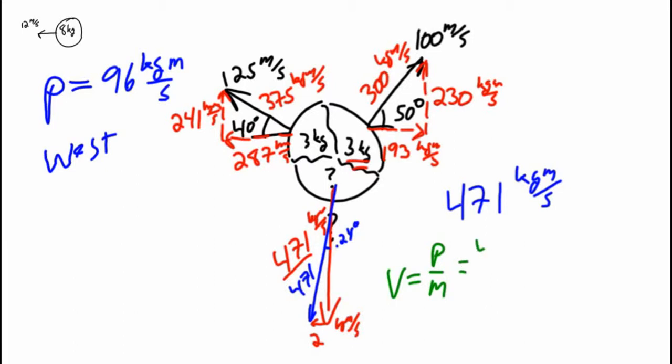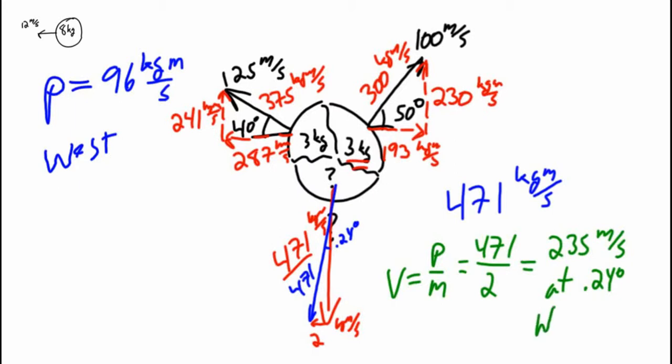So we get 471 divided by 2, and a velocity that's approximately 235 meters per second, at 0.24 degrees or so west of south, essentially south here.